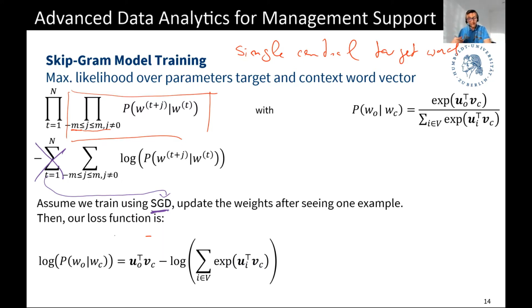Okay, so for the SGD case, the loss function has this shape here. We need the log of the probability of seeing a context word given our central target word, which we basically approximate by this functional. We have the dot product of the two embedding vectors u and v minus the log of the sum over our vocabulary of e to the power of the dot product of u and v.